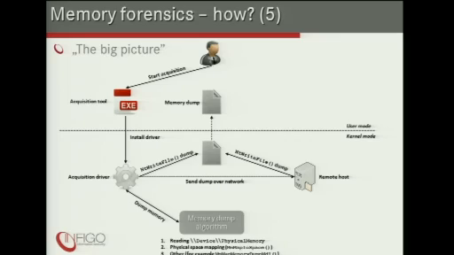This concludes the acquisition phase of the memory forensics. Incident handler then launches the analysis tool, which reads this memory dump and tries to identify certain artifacts from the memory dump.